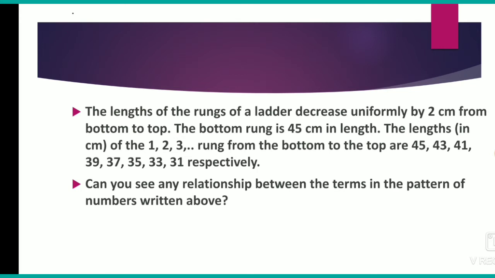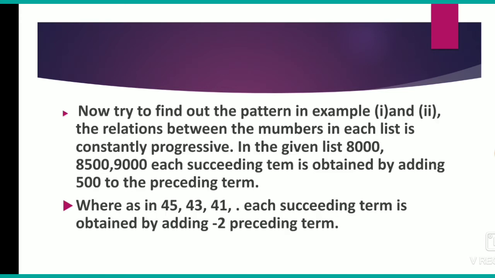Okay. Now, can you see any relation between the terms in the pattern of the numbers written above? Think over it. Now, we have to try to find the pattern in example 1 and example 2. The relation between the numbers in each list is constantly progressive.